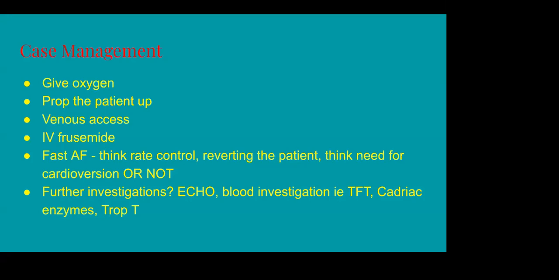For example, in this patient, don't always think of just the AF, think of the heart failure. Think need for cardioversion or not. Or if you were to cardiovert, what are the chances of it being successful because the heart is so big? So what further investigations would you like to do?